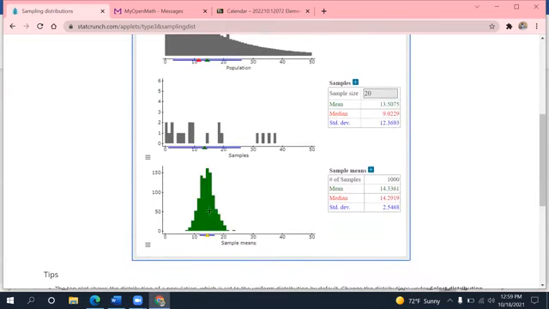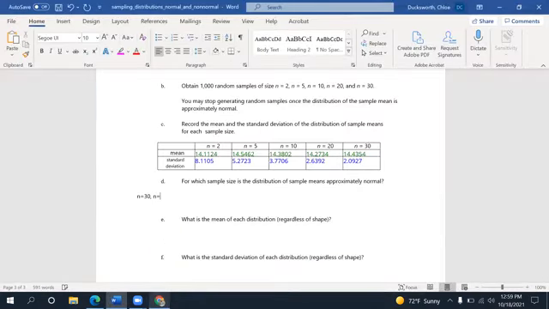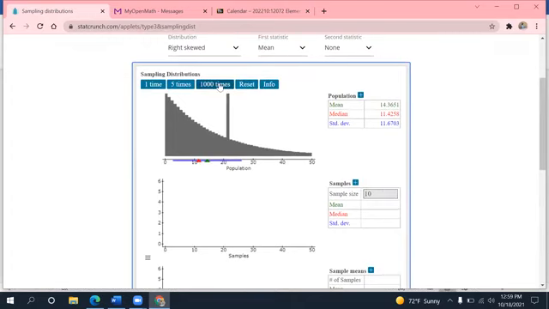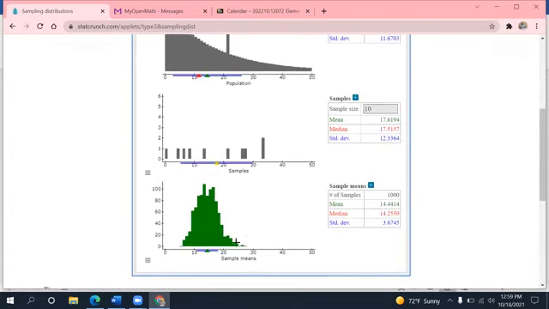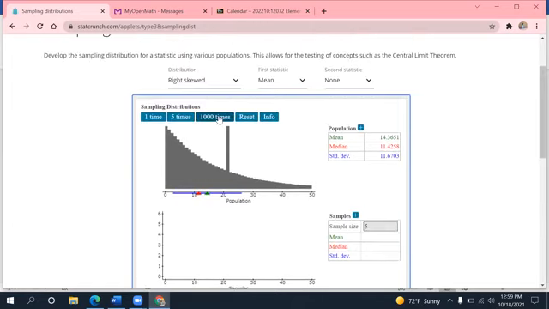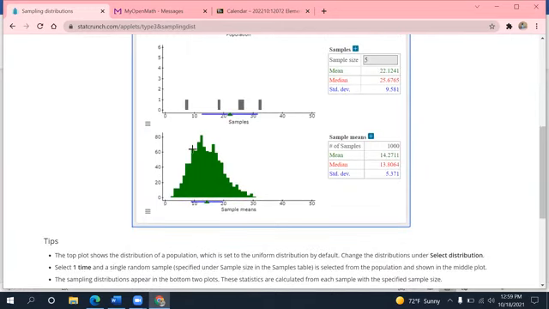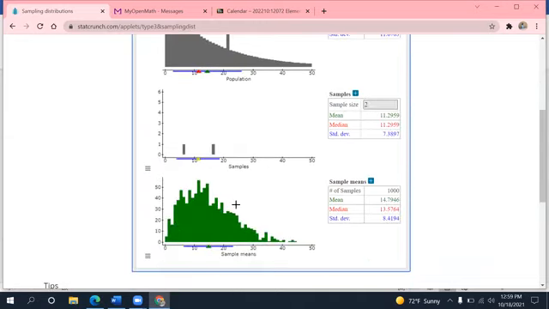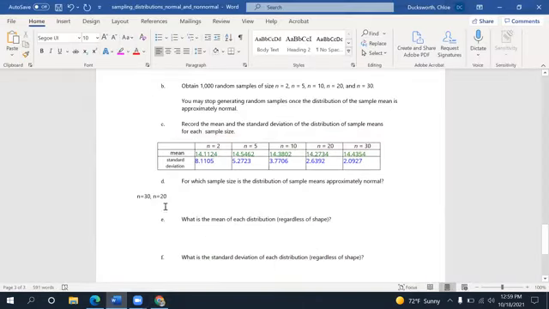And this one, bell shape as well. This one right skew. So them two were not the only ones that were normal.